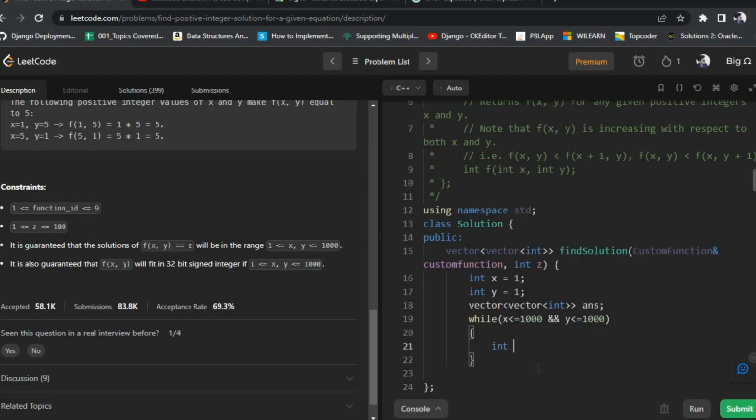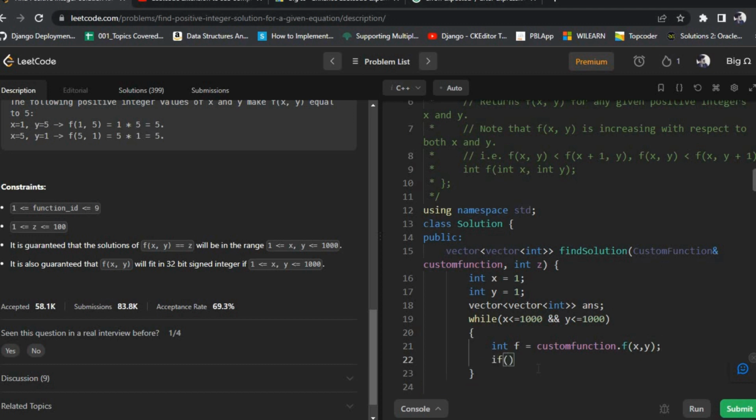Let's find int f equal to customfunction.f with x and y, which returns a solution.